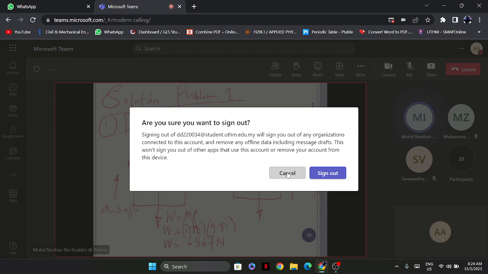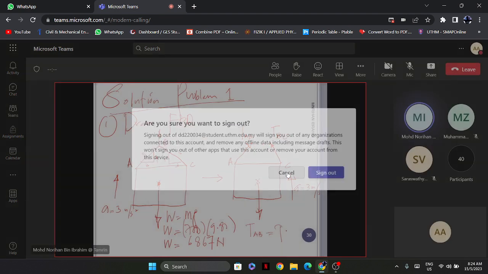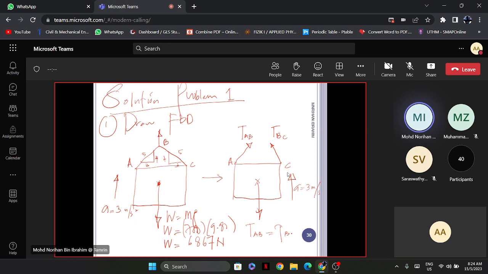If you look at this one, it shows that TAB is equal to TBC. Through these illustrations, we need to apply the appropriate mathematical functions such as the trigonometry identities in solving this problem.